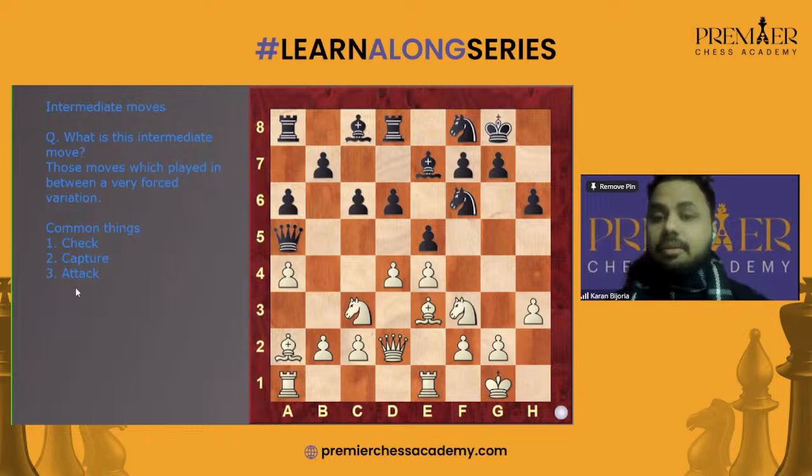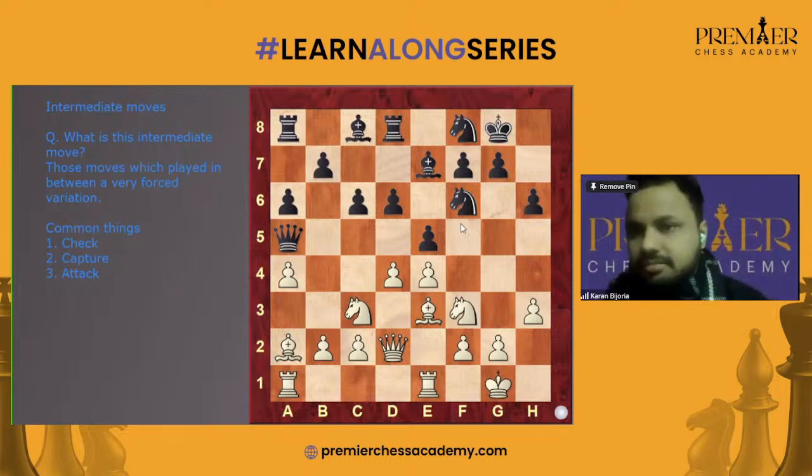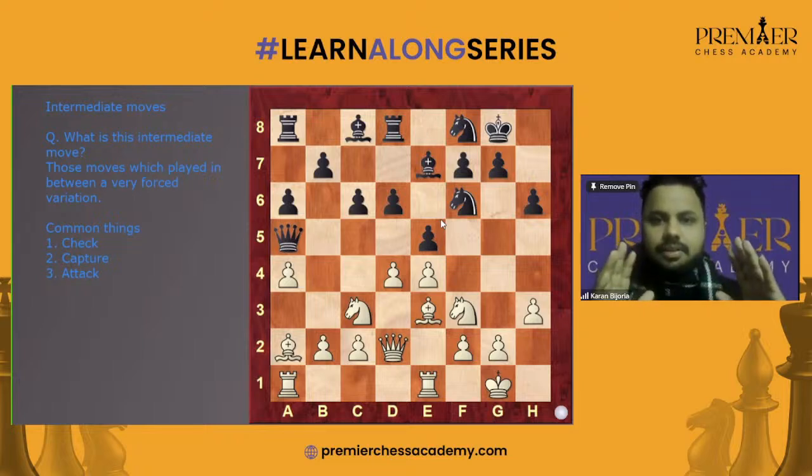Most of the time. But there are some positions where you will have to find some attacks also. Okay, so which is the best piece to attack? Just suppose there is a balloon in a steel cage.